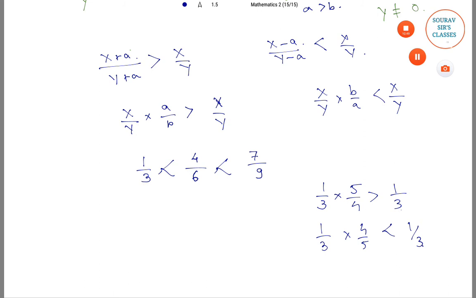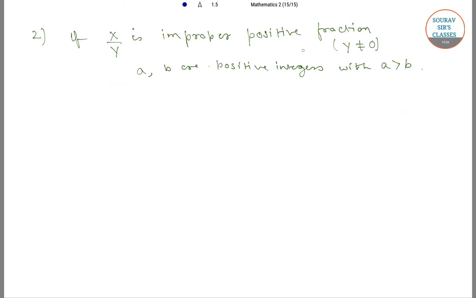Next, if x by y is an improper positive fraction, that is x is greater than or equal to y, and a and b are positive integers with a greater than b, then we have x plus a divided by y plus a is less than x by y, and x minus a divided by y minus a is greater than x by y.